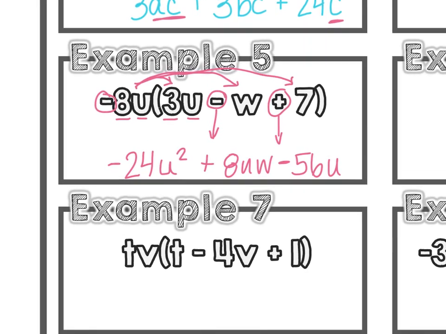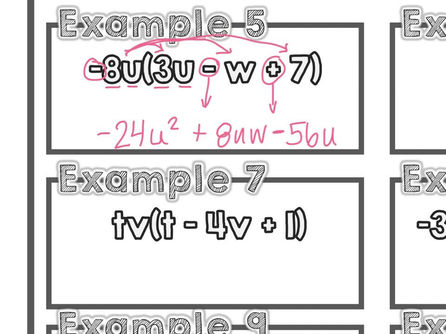All right, we're going to skip down to example 7 because I want to show you what this one looks like. So now we're multiplying TV. So TV times t, well, we have t times t is t squared. And we only have a 1v, so that's just going to stay like this. And then this term, we're going to keep our subtraction sign.